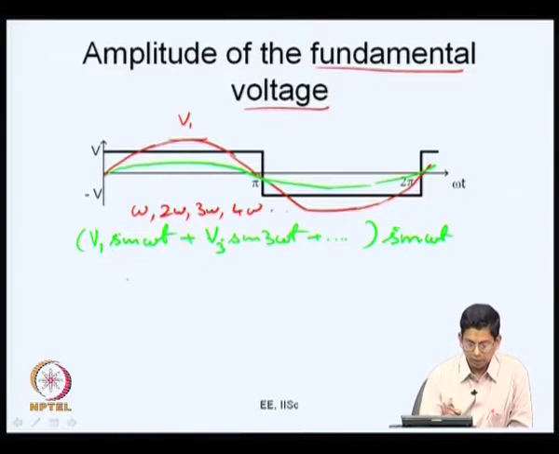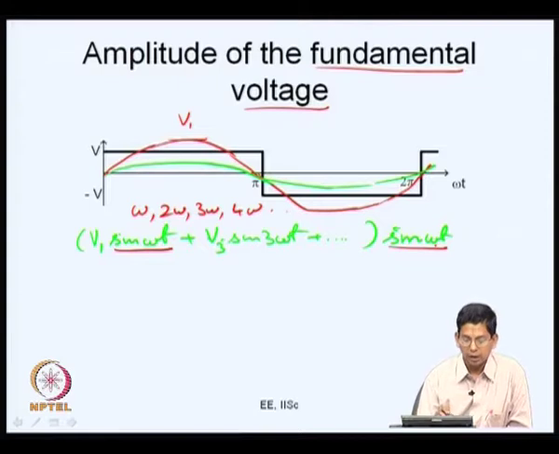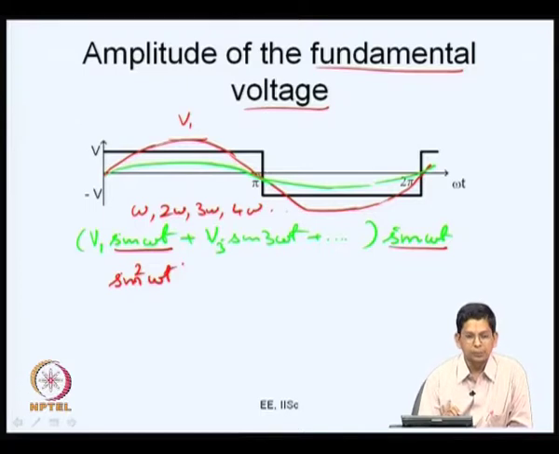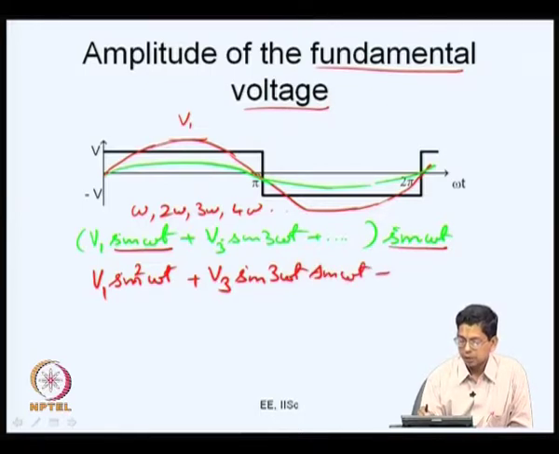You first have this product. Let me once again change the color to something a little brighter. So, now let us say this sin omega t and sin omega t you have. This product gives you a sin squared omega t term. So, what you will have is basically this will become V1 sin squared omega t, and the second term will become V3 sin 3 omega t sin omega t, and so on.